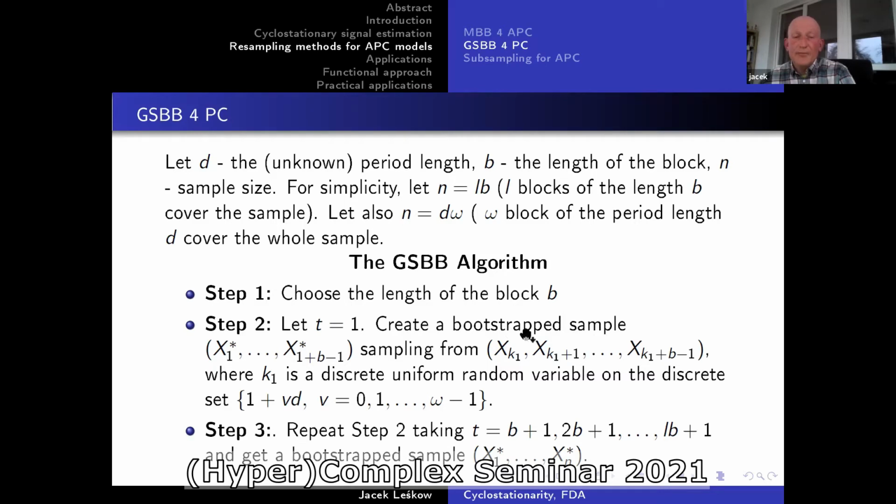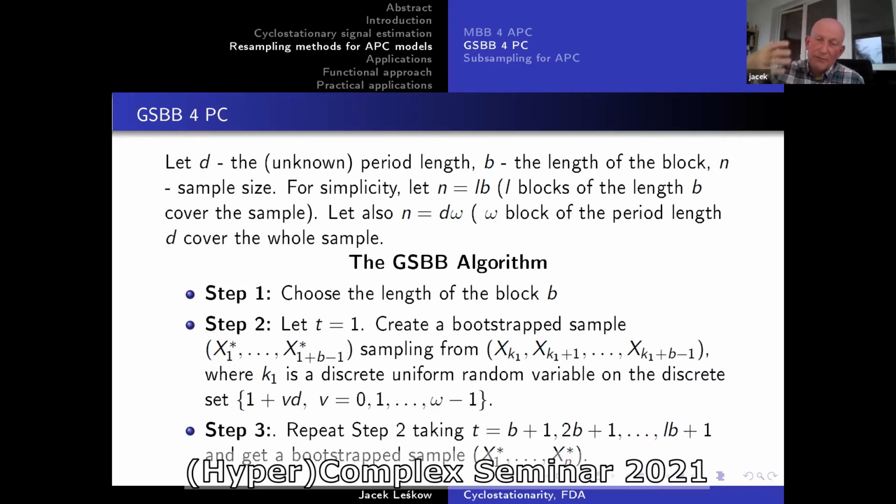Okay, and when we have this block B, we create a bootstrapped sample, sampling not from the original time series, but from the time series which is sampled from the special set of replicates of the period. So we have some cycle on the sample size, and then we sample from the cycle. That's why generalized seasonal block bootstrap is the name, okay? And by this token we are getting a bootstrapped sample.